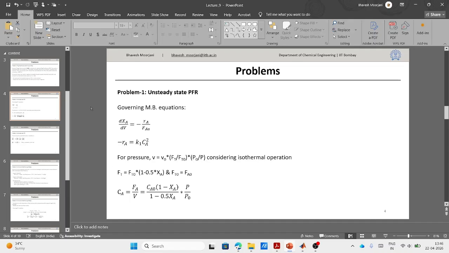So first I have to find the dx by dV, which is given as minus rA by FA0, where rA is k1 CA squared. So first you have to find the CA value.